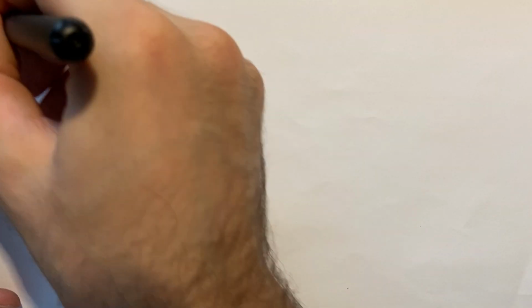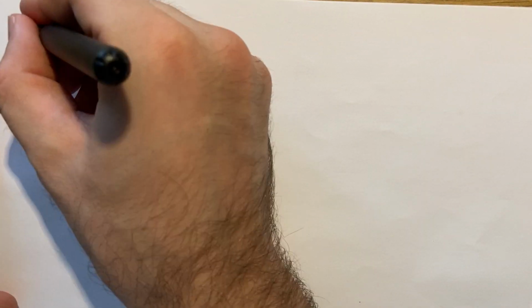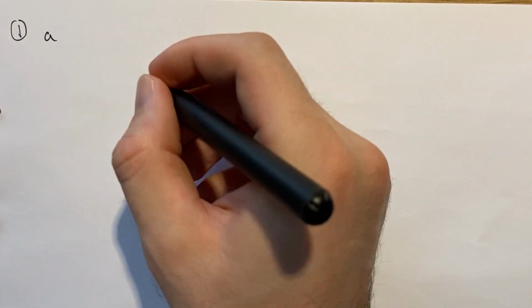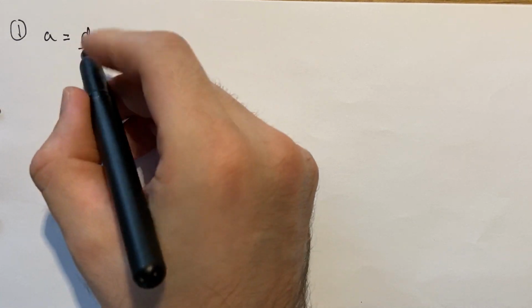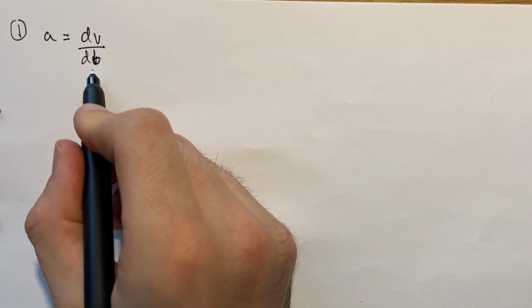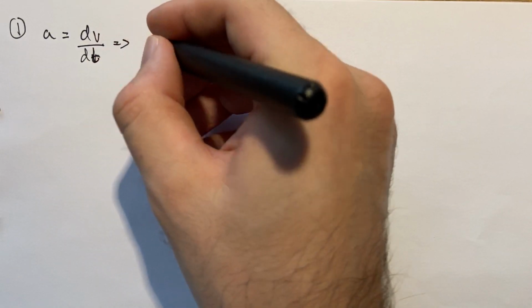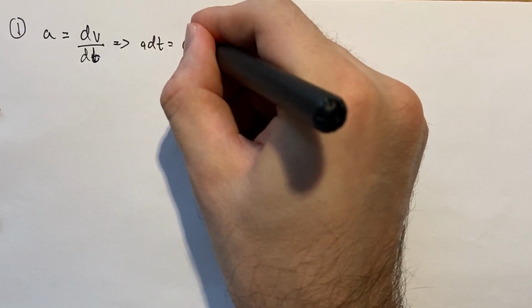Well, once again, for the first equation, we'll start off with the definition of acceleration. Definition of acceleration, that is the difference in velocity over the difference in time, or the time derivative of velocity, if you so want, which would give us a dt equals dv.